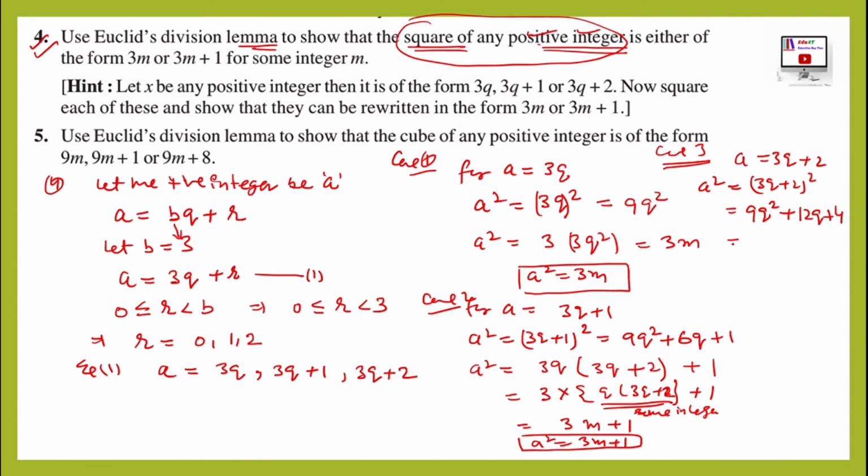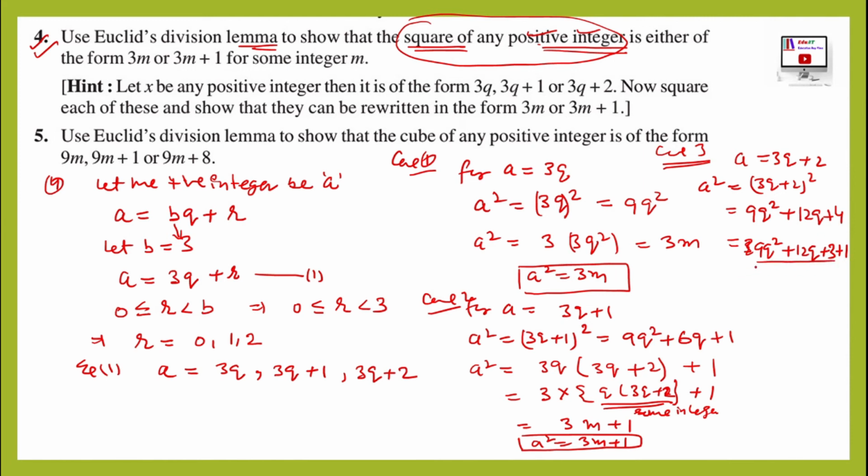So we can write this further in this way. Now this is 9q square plus 12q plus 3 plus 1. So in the first 3 terms, we wrote 4 as 3 plus 1.